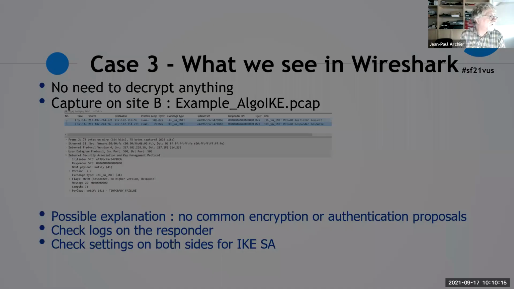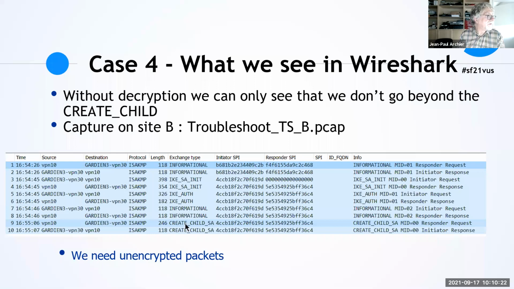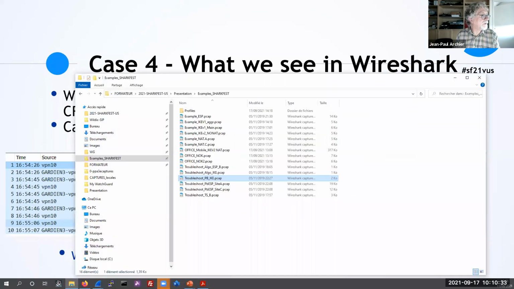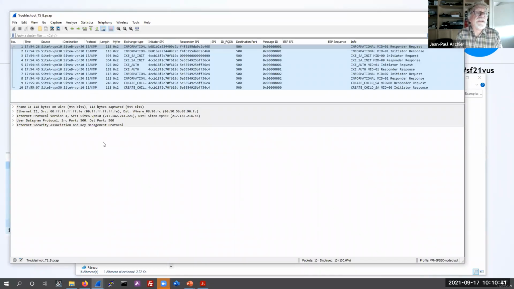Third case. In this case, no child, but if we open troubleshoot B, if we stay stuck with the encrypted packets, it's not very useful. We see that there is a beginning of the negotiation.